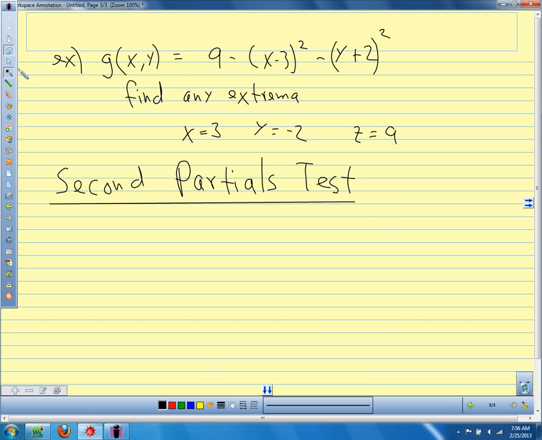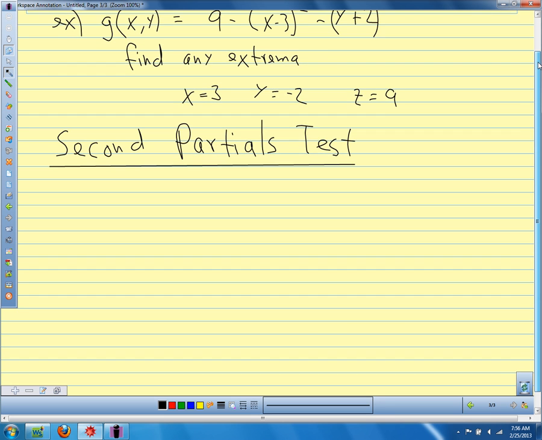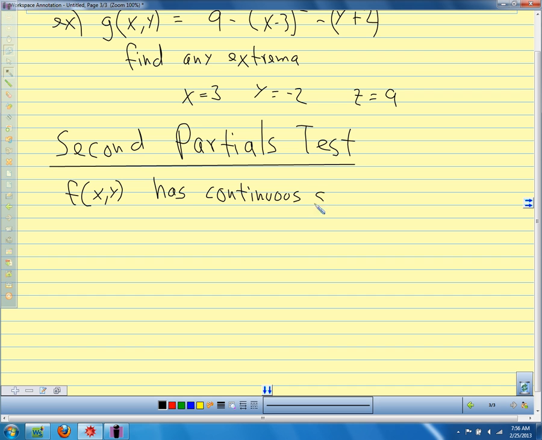And because we have several second partial derivatives, it's a little more complicated than the second derivative test. So we're going to say for our second partials test that f of x,y has continuous second partials. So we're talking about a well-behaved function, with continuous second partials in some open disk about our point.